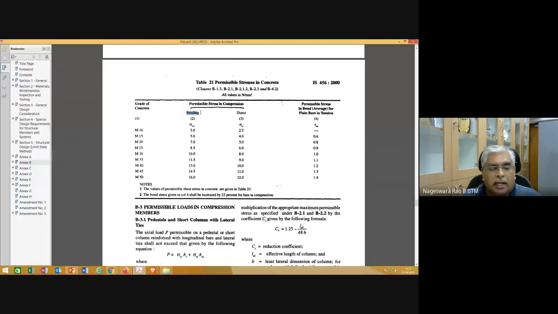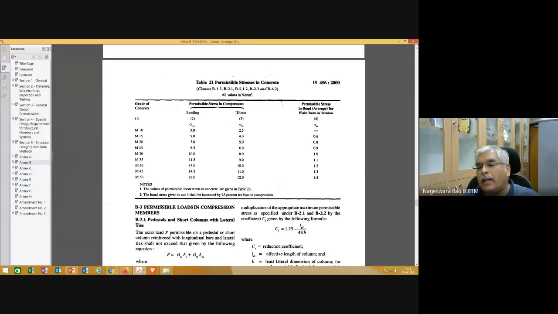When you subject a structural element to bending, some fibers are going to be in compression and some in tension, depending on whether you apply a sagging or hogging moment. For the fibers in the compression region made of concrete, we need to see the maximum or permissible stress in compression under bending.